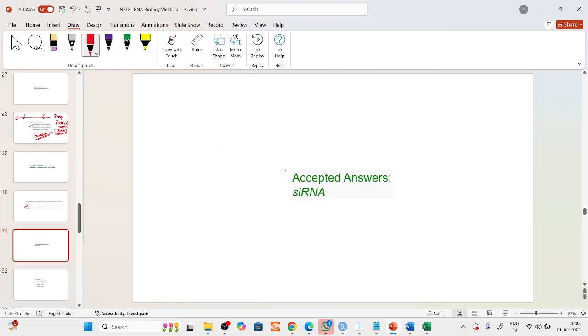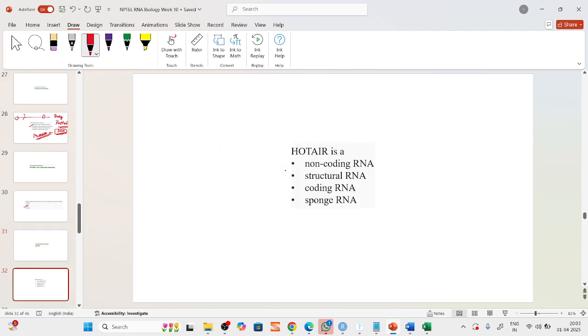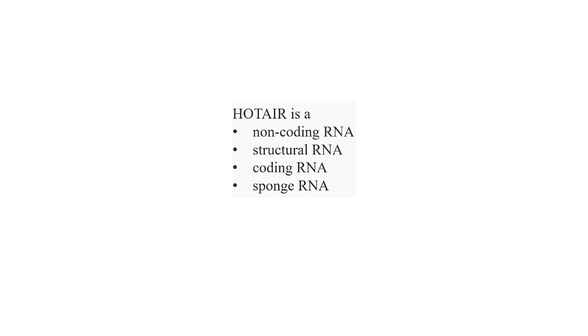So here it is written siRNA. The correct answer is rRNA only. The siRNA is wrong. Now, HOTAIR is a non-coding RNA, structural RNA, coding RNA, or a sponge RNA.